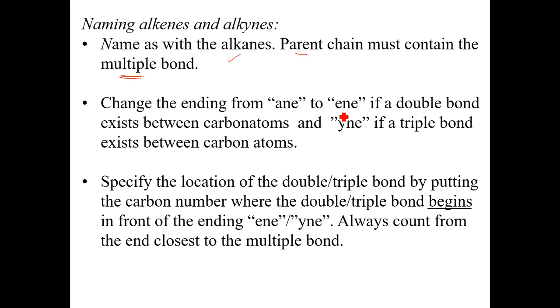Change the ending to ENE if there's a double bond, or YNE if there's a triple bond. Specify the location of that double or triple bond by counting from the end that's closest to that double or triple bond. So let's take a look at some examples here.